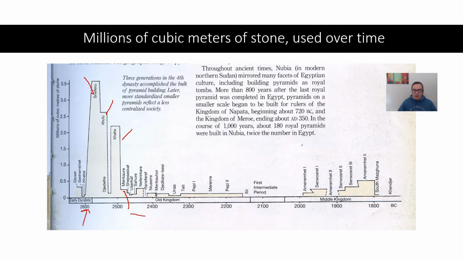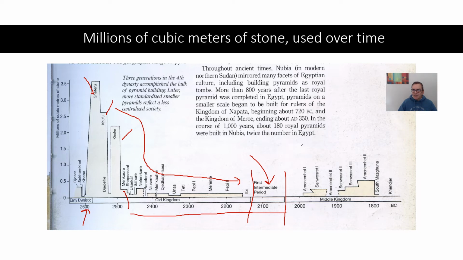What's more important for our purposes today is that you go along the timeline, like here's the Old Kingdom, and here's this period called the First Intermediate Period, where you've got a breakdown of the government. Notice that there are no buildings being built. In fact, notice this massive drop-off trend, and then you get a few more buildings being built by these pharaohs during the late Old Kingdom, and then it drops off to nothing.